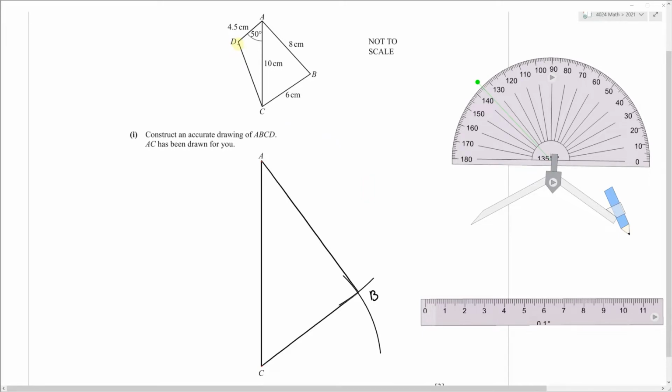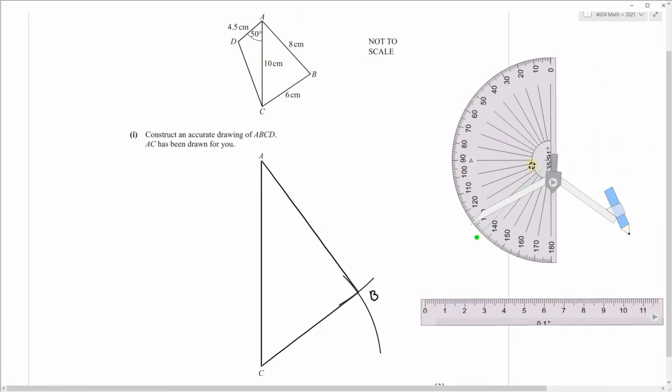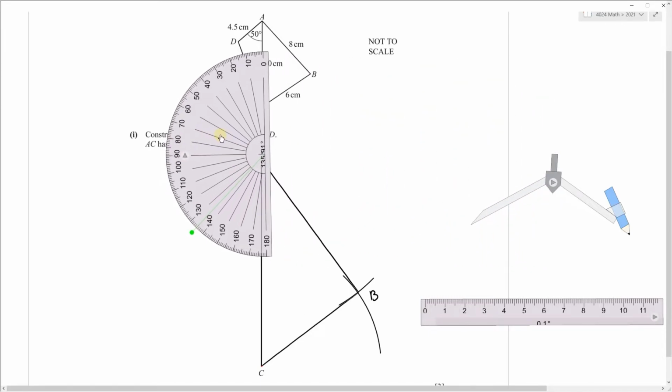Now you have to find the position of point D, which is on this side somewhere. You're given this angle is 50 degrees and the distance of point D from point A is 4.5 centimeters. So first I'll mark the angle, which is 50 degrees. So let's bring my protractor here.